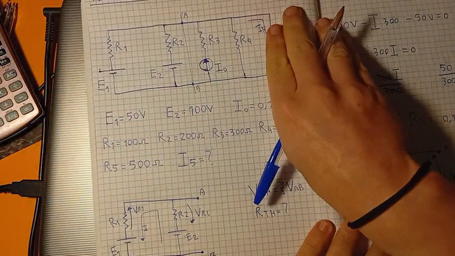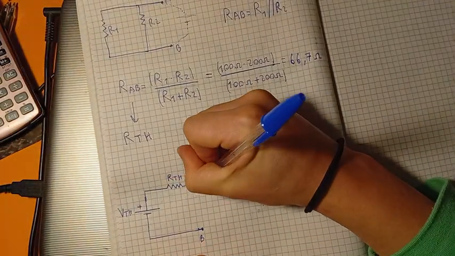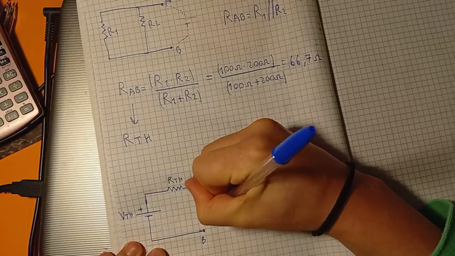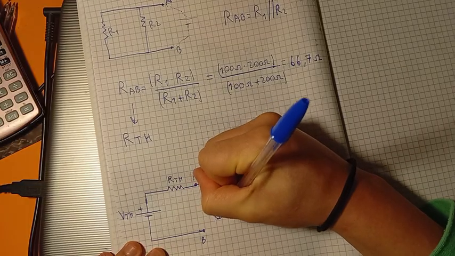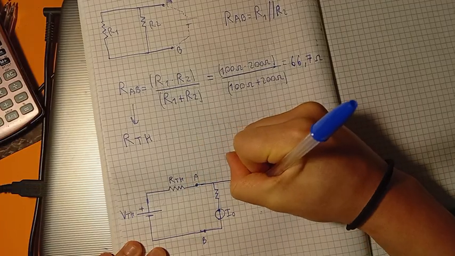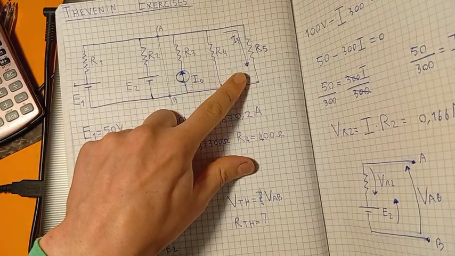So let's copy all this other part. We have this. Here we have a resistor, if I am not wrong, a resistor and another resistor.